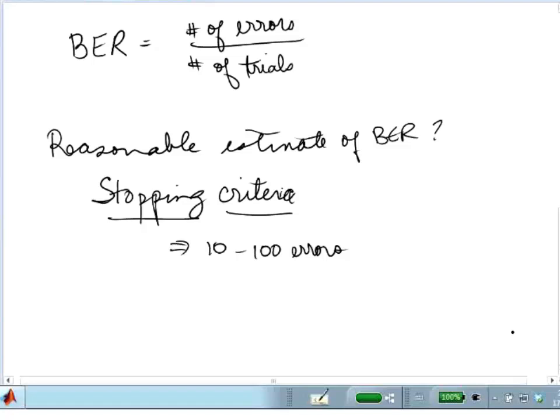Also, I want to mention that I call these numerical simulations, but actually when you go in the laboratory and you want to measure bit error rate, you're just running the same system, but this time with hardware instead of with software. And actually you're also estimating bit error rate.